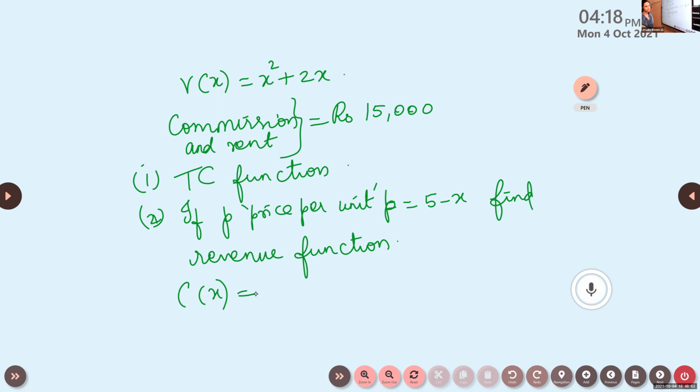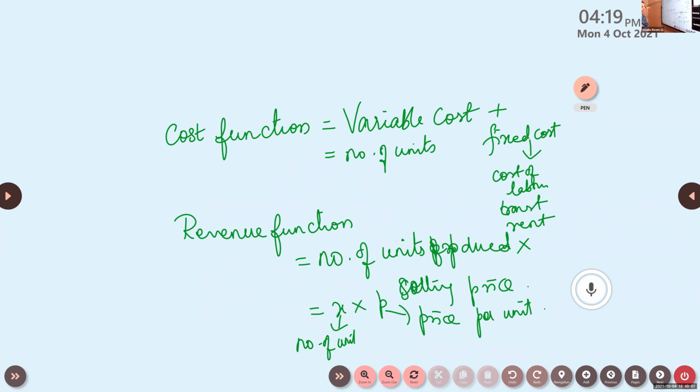Karthik? Yes, ma'am. Cost function is? Ma'am, I don't know. What is the definition we learned earlier? How will you find the cost function? Variable cost plus fixed cost. Yes, look here. What is given in this question?